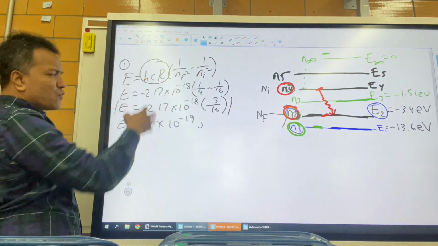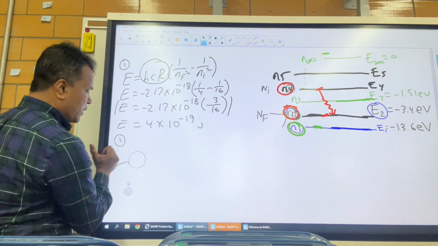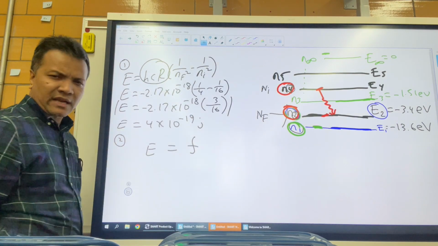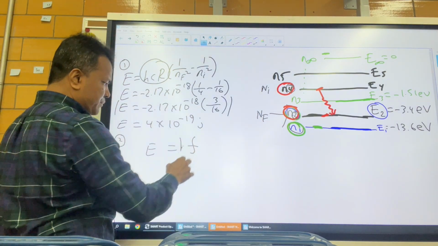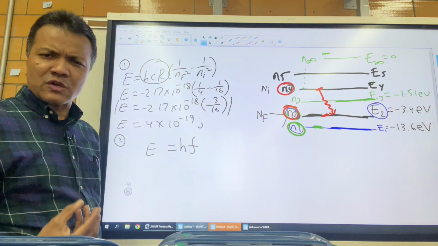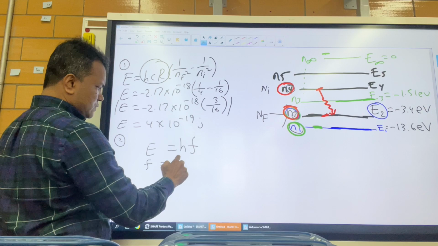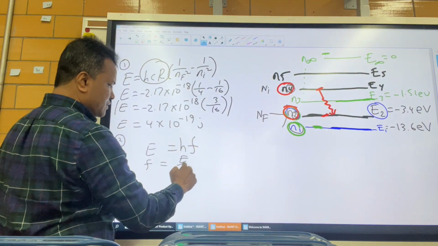We're going to do 4 steps. Step 2: we know that energy is equal to frequency multiplied by a small number, which we call the Planck constant. So f is equal to E over h.